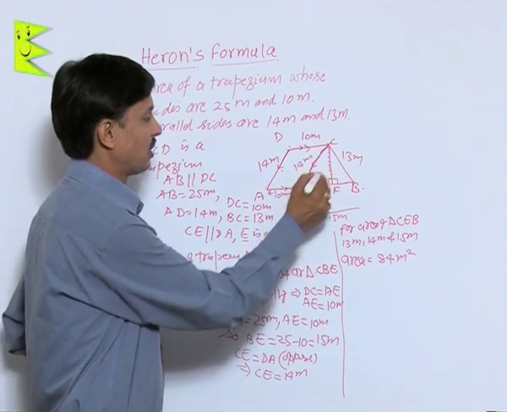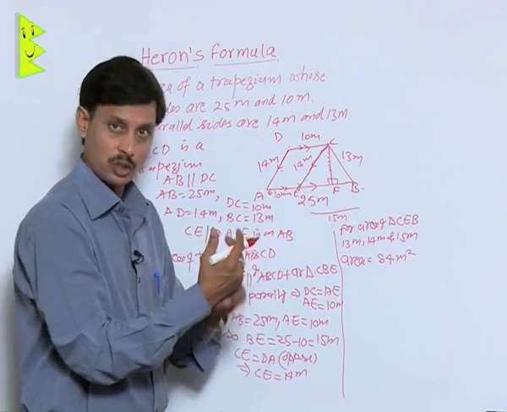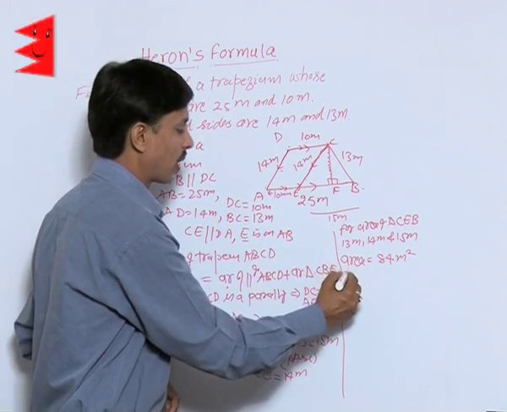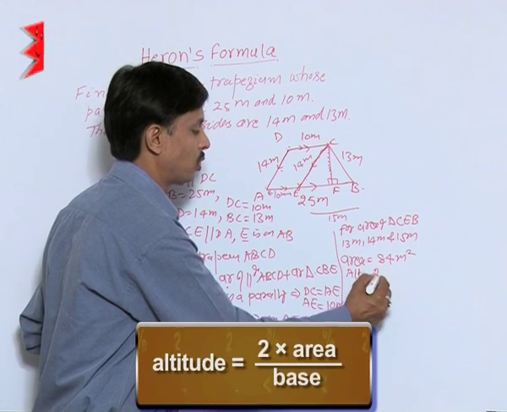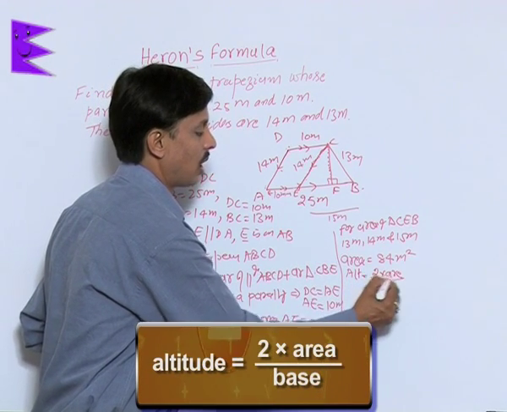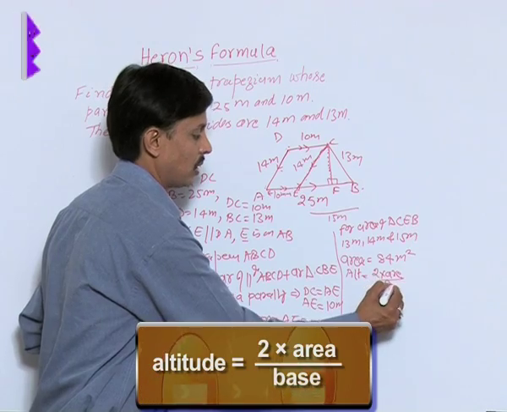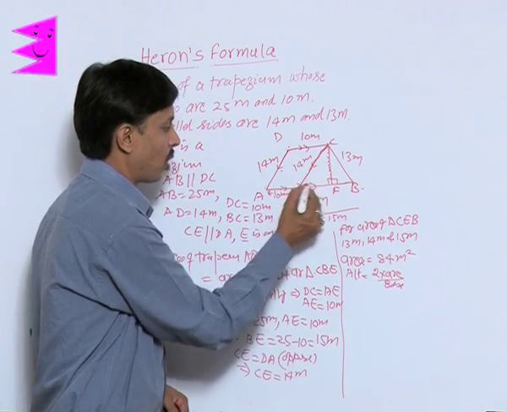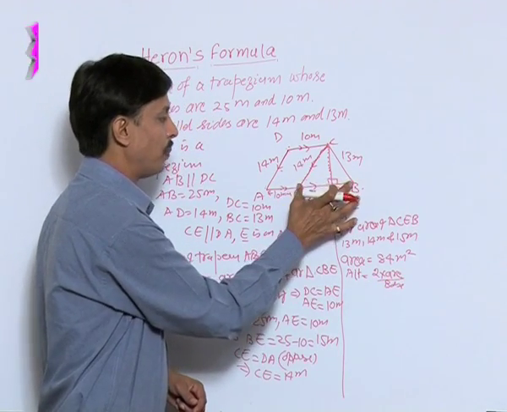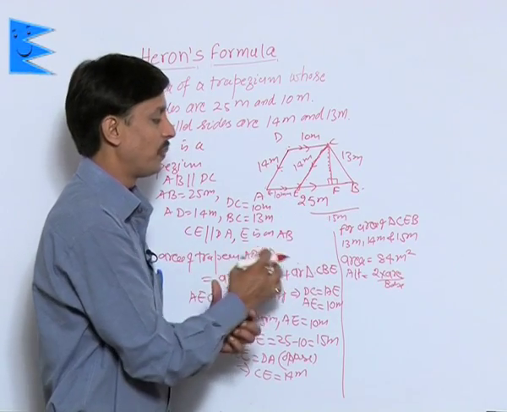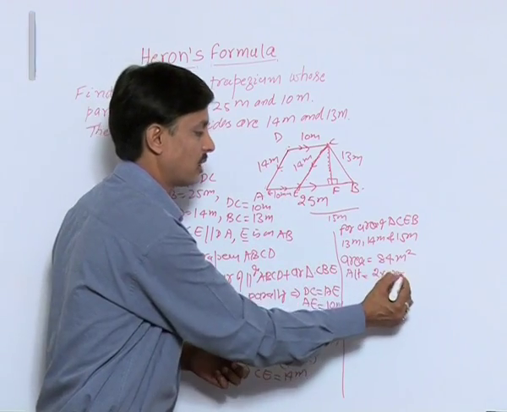Now the question is how to find CF, that is the altitude. The formula for calculating the altitude is 2 into area upon base. So the altitude is drawn on side BE. So BE's length, that is 15 meter, will be considered as base.